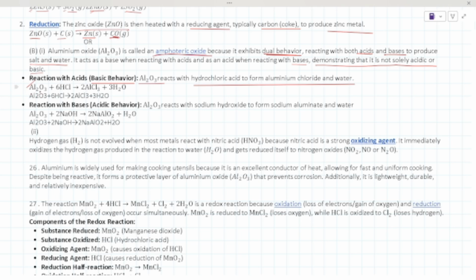That will be Al2O3 plus 6HCl gives 2AlCl3 plus 3H2O. Now the reaction with base: it behaves like an acid. Al2O3 reacts with sodium hydroxide to form sodium aluminate and water. Al2O3 plus 2NaOH gives 2NaAlO2 plus H2O. Is it clear?